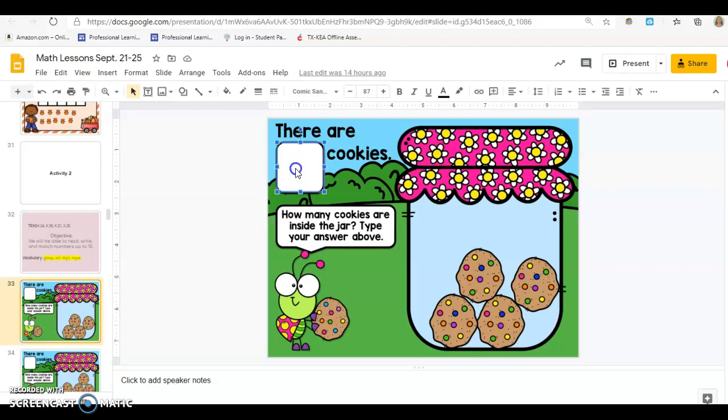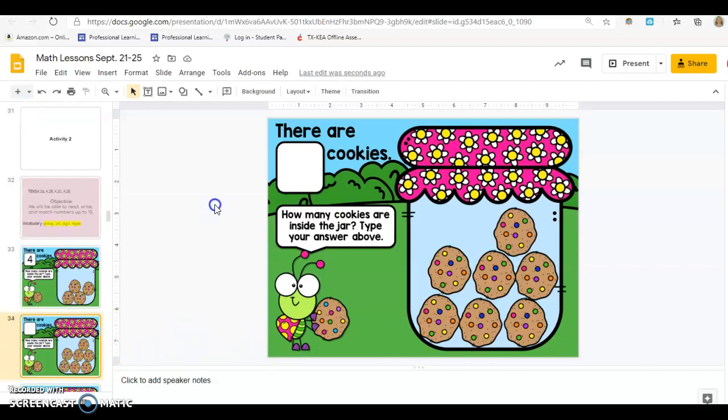So I am going to now type the number 4 into the blank using my computer number key. So there are 4 cookies in the jar. 1, 2, 3, 4. And you would move on to the next.